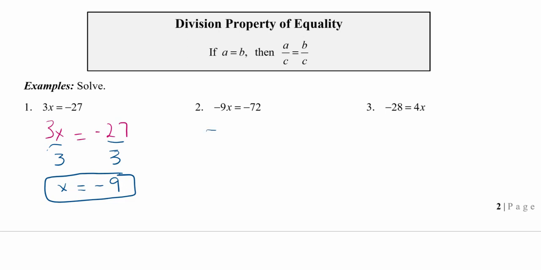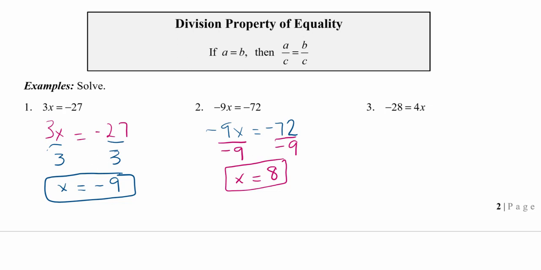In problem number 2, we have -9x equals -72. We're going to use the division property of equality to divide both sides by this -9, which will allow us to isolate x, get x by itself on the left. And here we get a positive 8. Negative 9 times positive 8 is negative 72, so that definitely checks.